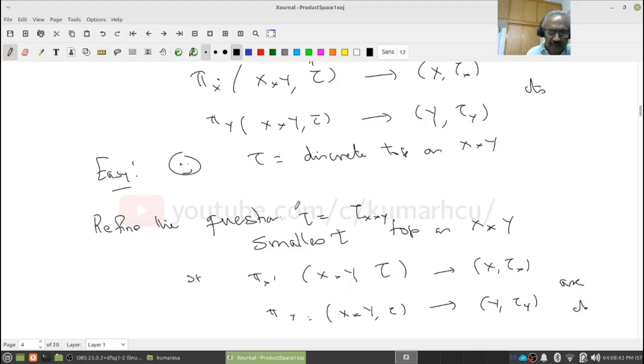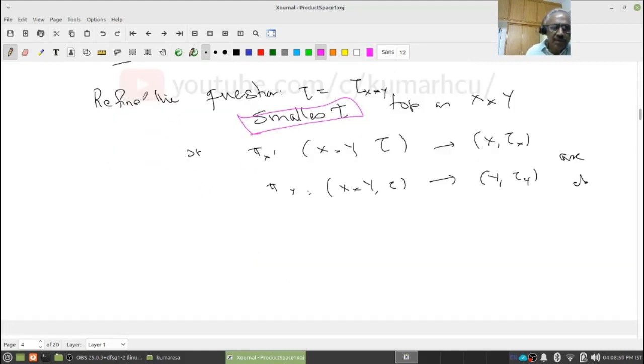So the keyword is now the smallest topology. Now you may wonder, does such a thing exist? Yes.